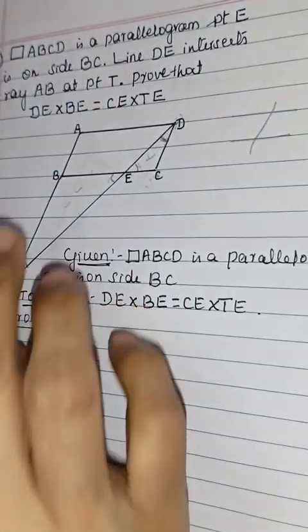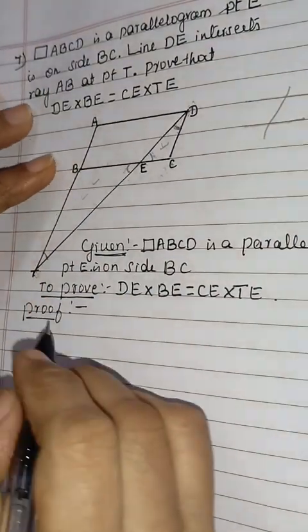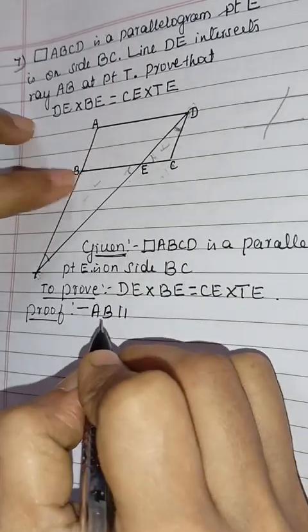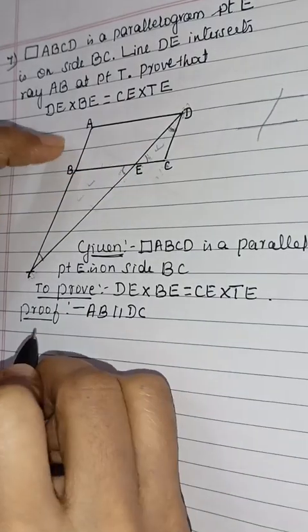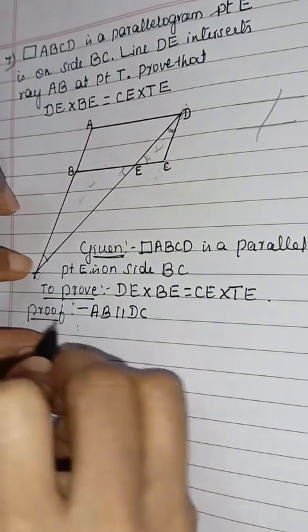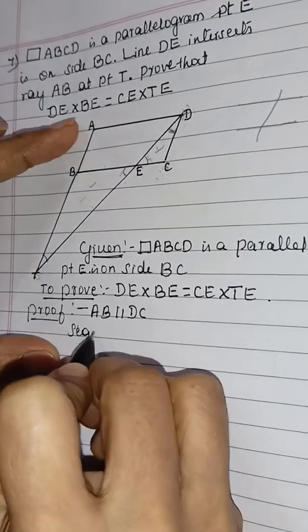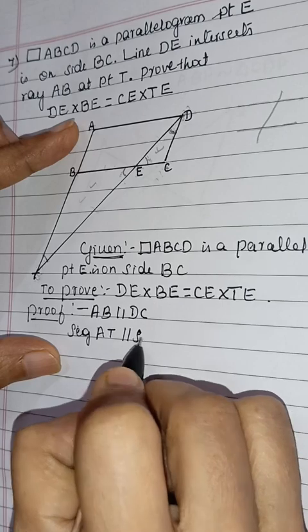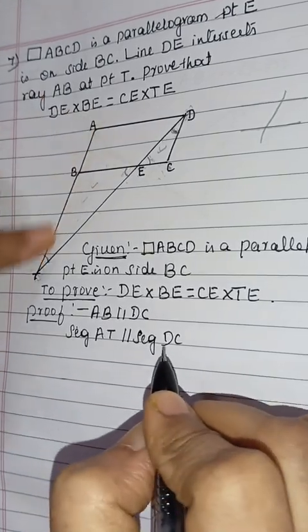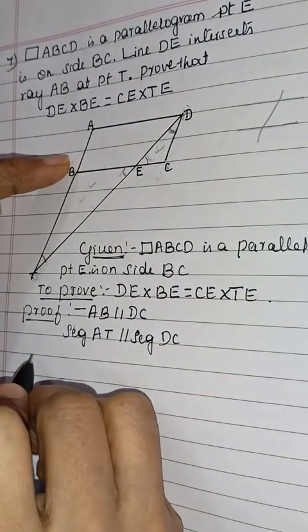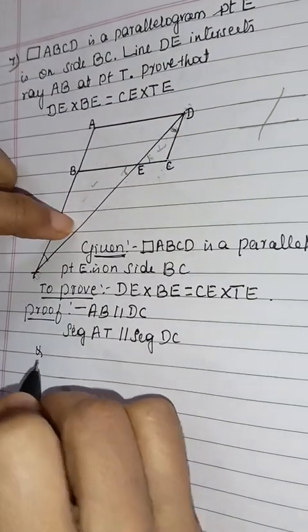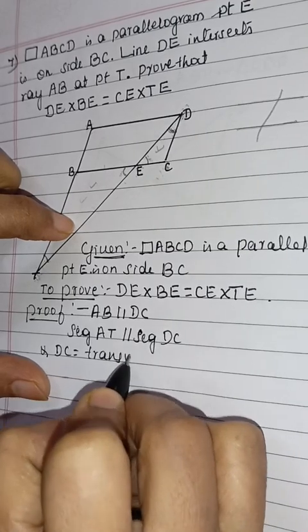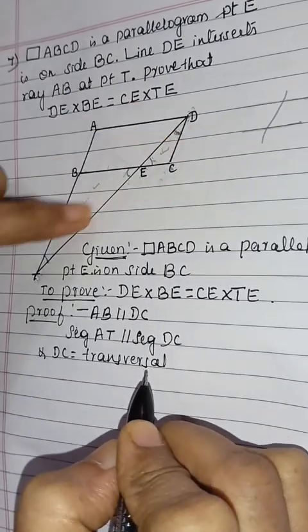Okay, we'll write now: AB is parallel to DC, okay, and then segment AT is parallel to side DC, and DT is a transversal.